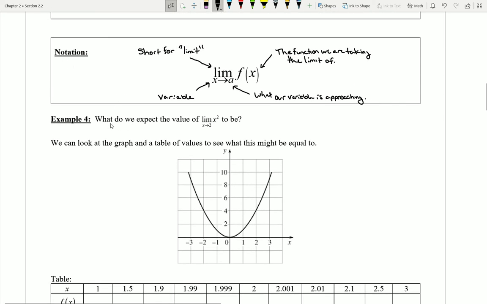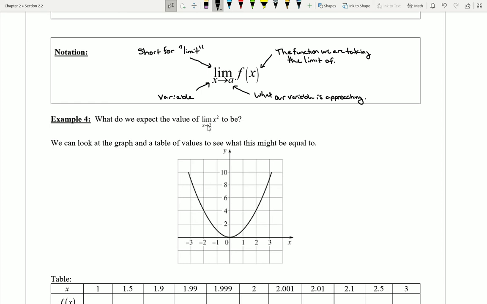Okay, so example number 4. What would we expect the value of this to be? Notice I have a limit applied to the function x squared when x is approaching 2. That's a mouthful. The limit of x squared as x approaches 2. Now this is supposed to be equal to something.